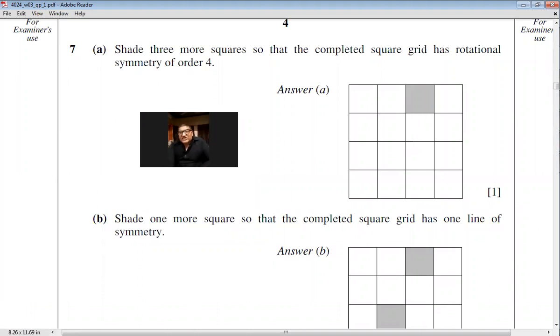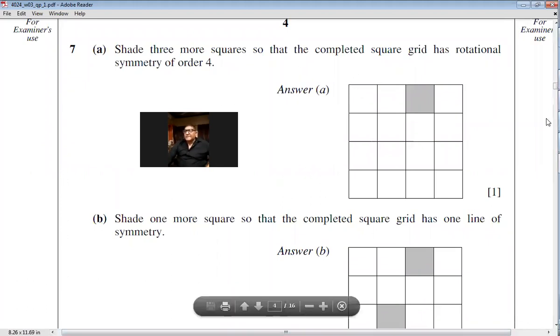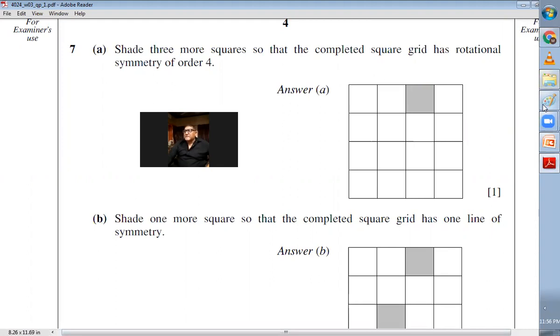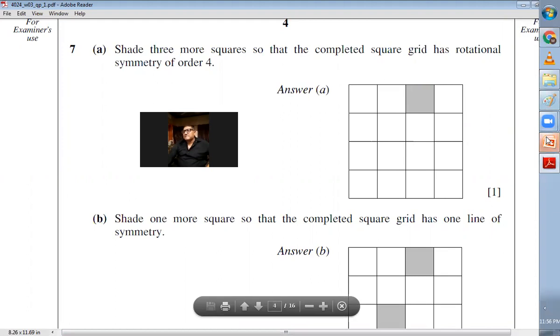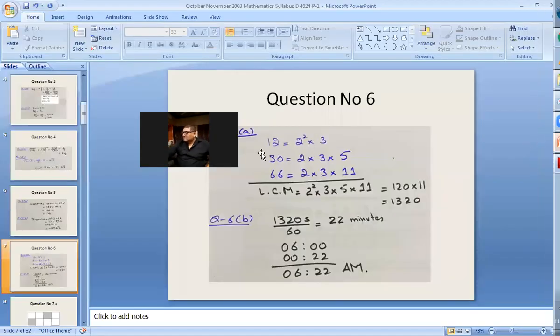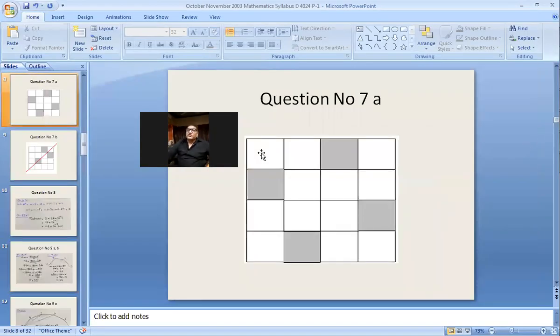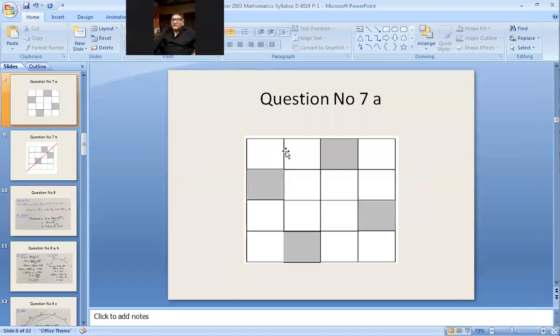He says shade 3 more squares so that the completed square grid has a rotational symmetry of order 4. Let me show you how I do it. They want an order of rotational symmetry 4.